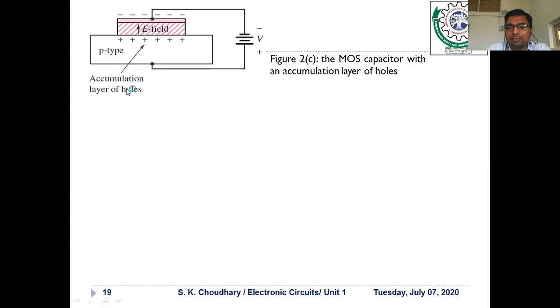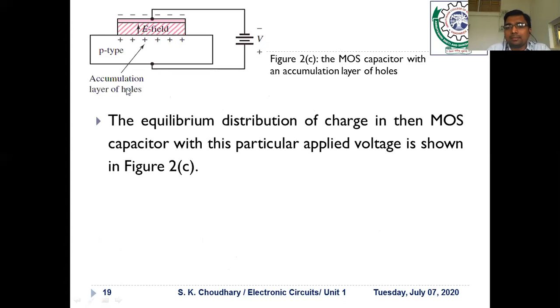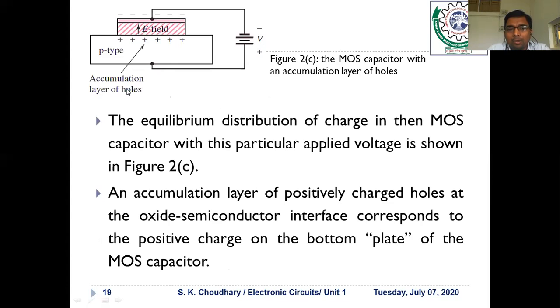Now see what would happen next in the next diagram, where the MOS capacitor in accumulation is going to be shown. So due to this applied force, what happens? The holes present in the P-type semiconductor would be attracted towards the negative charge, and as in between the metal and semiconductor there is an oxide layer, that is an insulator actually, it does not allow the holes to jump from the semiconductor to the metal side.